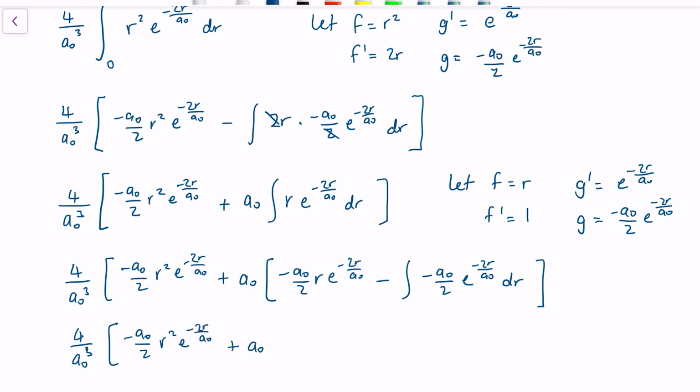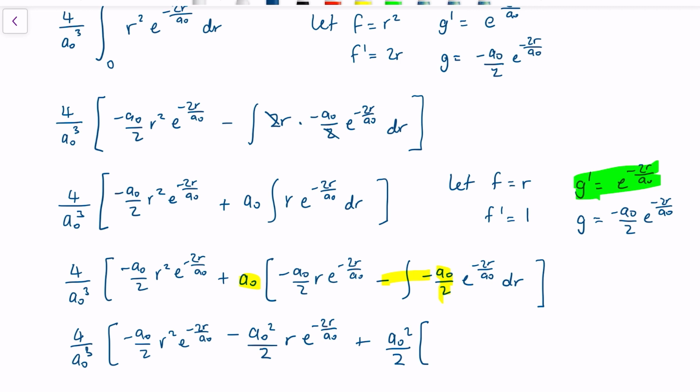Oopsies, let's actually expand that term. Minus a naught squared over 2 e to the minus 2r over a naught, and then be careful, this a naught here is in front of both of the terms in that bracket, and we've also got a double negative in there, and we can pull that constant out the front, so we're left with a naught squared over 2 multiplied by the antiderivative of the thing we've already been anti-differentiating here.